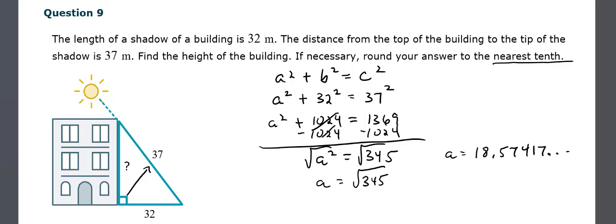And we're rounding to the nearest tenth. So we look to the right, and the value to the right is greater than 4, so we round up. So a would equal approximately 18.6 meters.